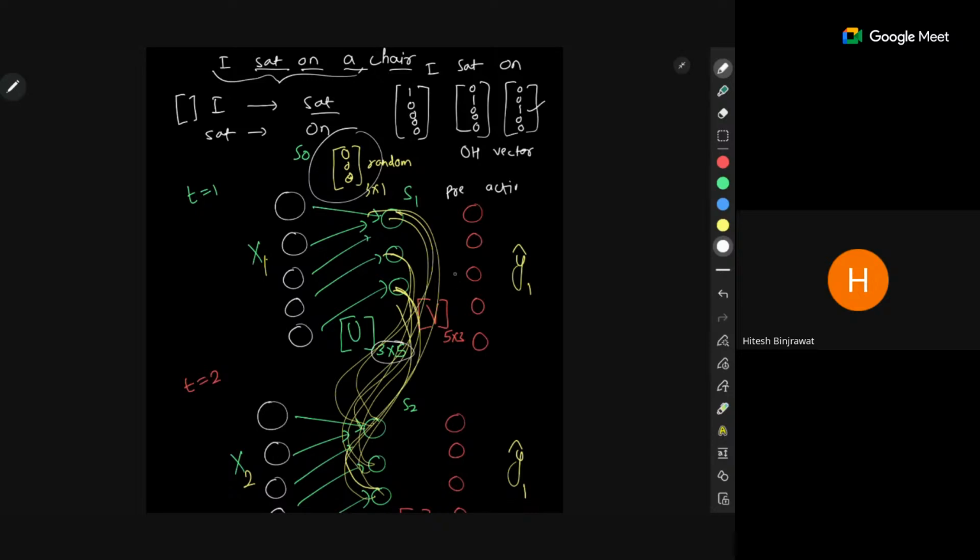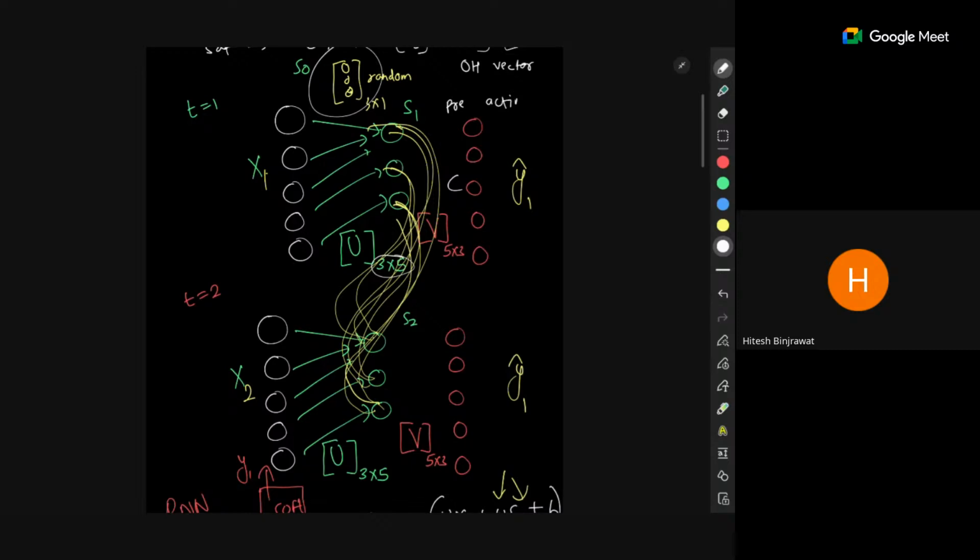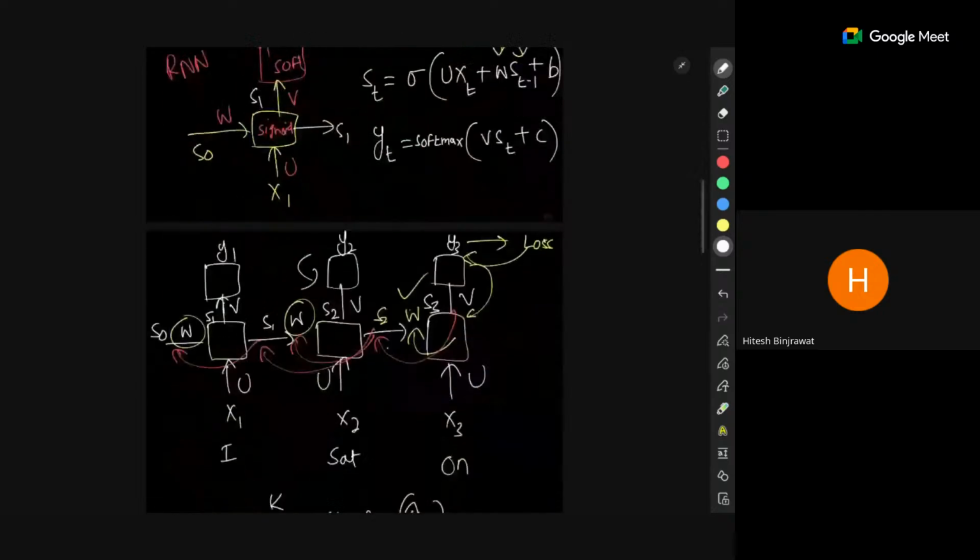And C is another parameter, and C's size should be equal to the softmax layer, and B's size should be of the hidden layer. That's how you can get the parameters of any RNN architecture. The same architecture is used several times to get all the predictions. So all the structures you can get, and this is how you get the loss.